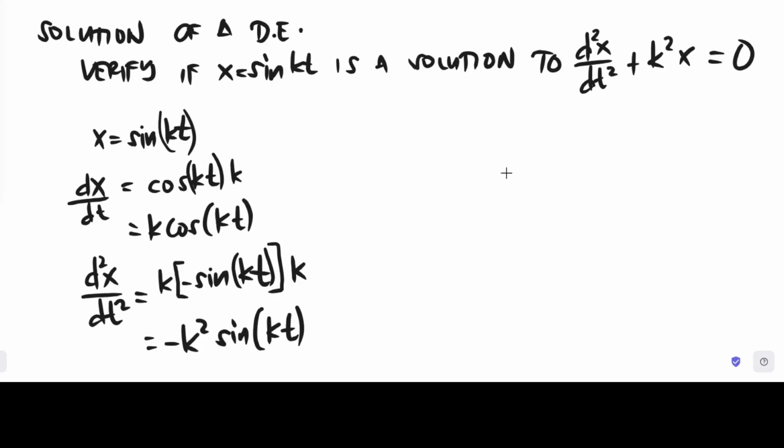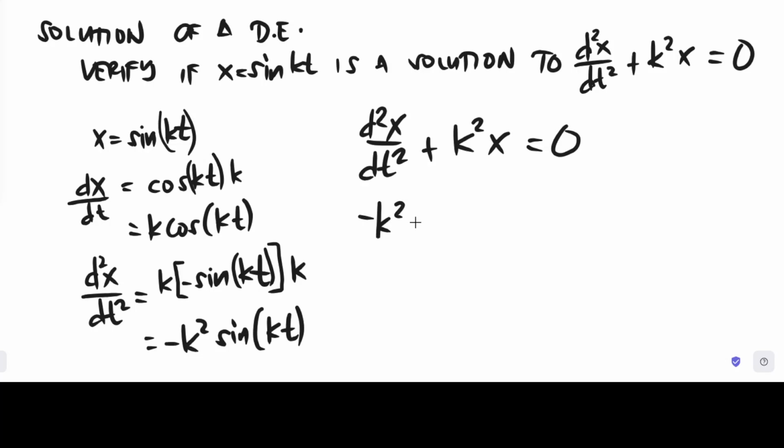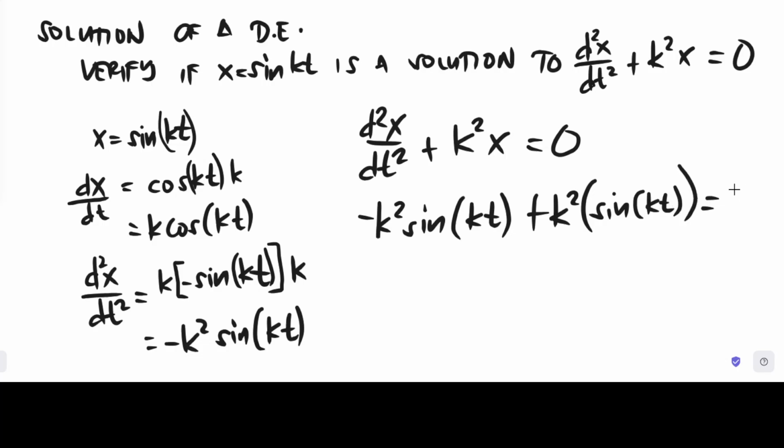Now let's substitute this into our differential equation. So d squared x over dt squared plus k squared x is equal to 0. Substitute the second derivative, which is negative k squared sine of kt, plus k squared, then substitute x, which is sine of kt, equal to 0.